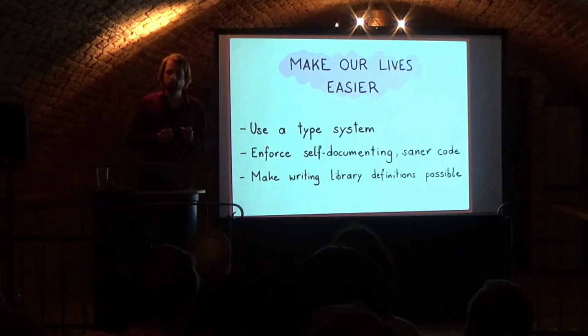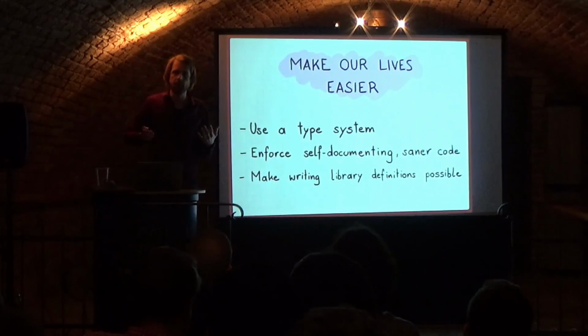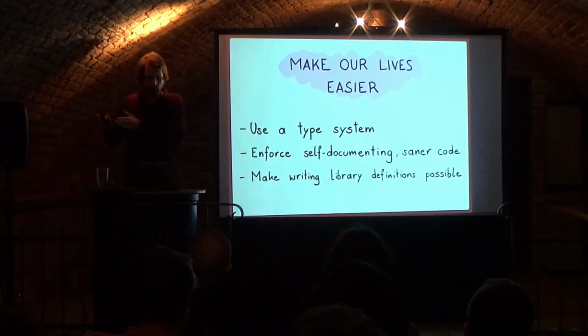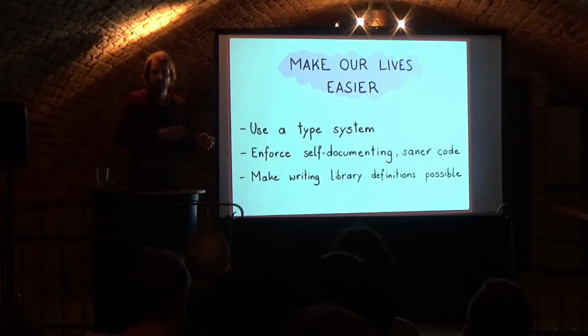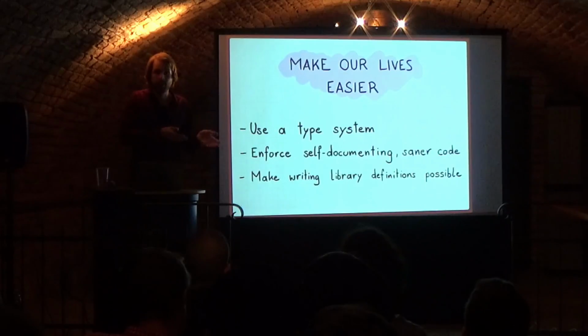So if you split your code in a more modular way, which a type system kind of enforces, you have to think a little bit differently when you write your code, because you want to match all those types. So if you do that, you make our lives easier, because I'm working on Flowtype a lot, I'm also merging stuff and writing my library definitions myself. If the library is capable and if it has types already, I can just look it up, I can just see it, it's much easier to get into the code.